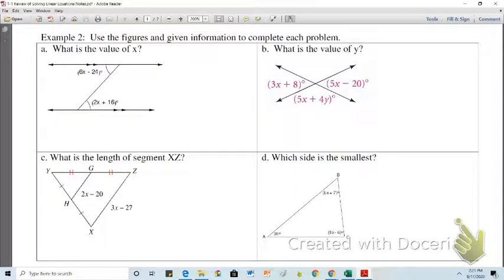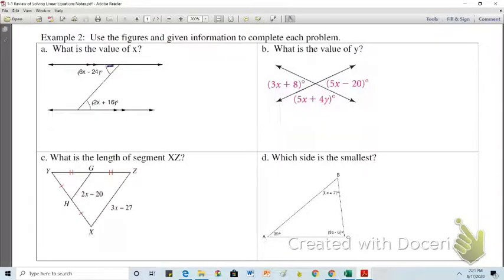So the last thing for this section is we are going to review some geometry topics. If you look at 2a, it looks like we have a z in the picture. Anytime you have a z, those are going to be alternate interior angles.